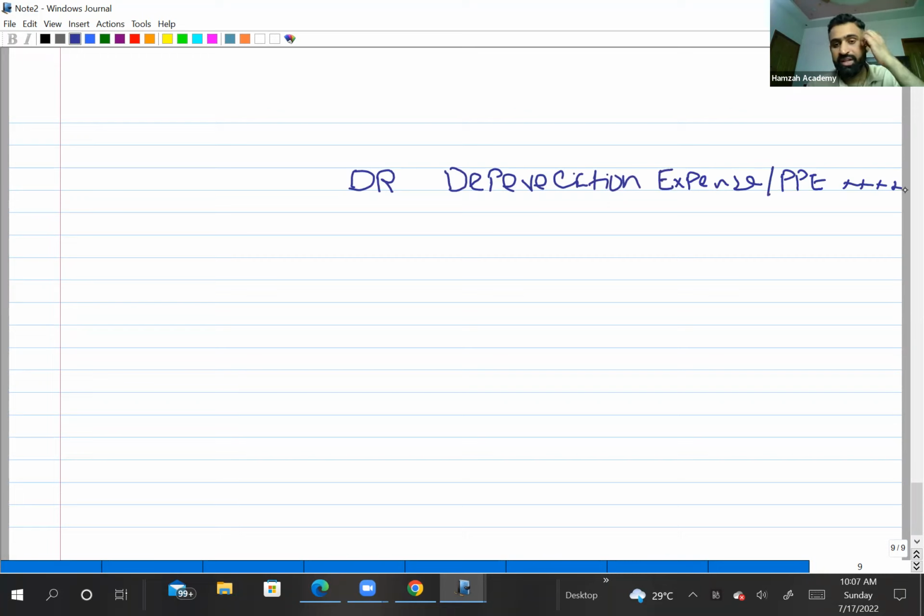If the depreciation is a directly attributable expense to acquire an asset, then the asset account can also be debited. I just assume the figure to convey the concept.